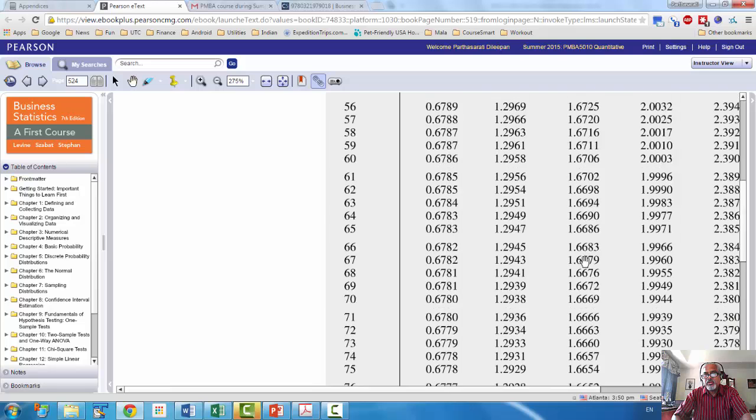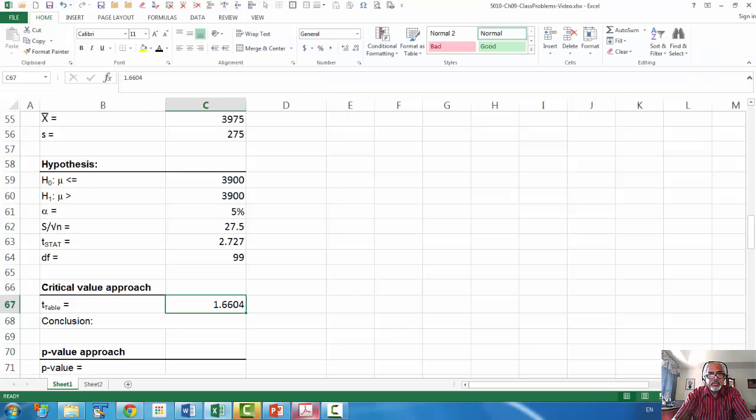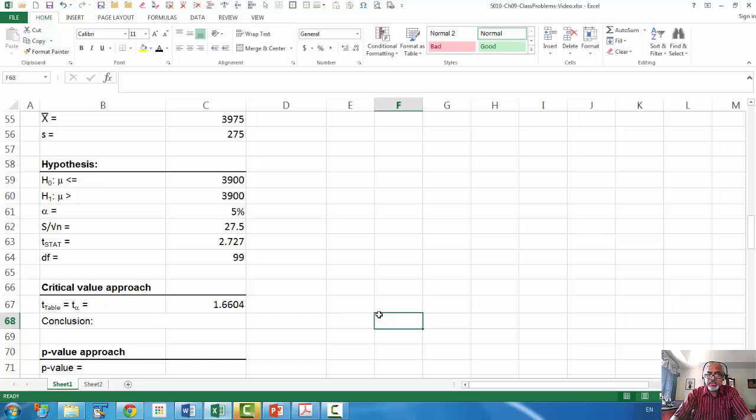For 5%, if you go all the way down to 99, you get 1.6604. And that is the t table value, t sub alpha.